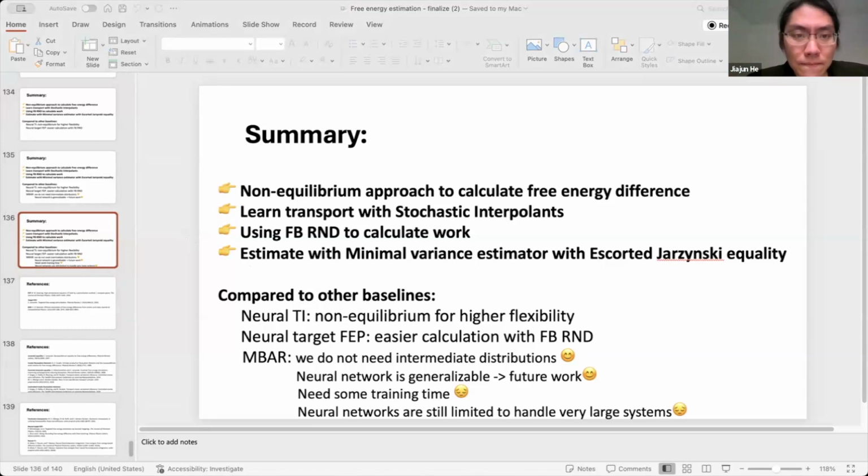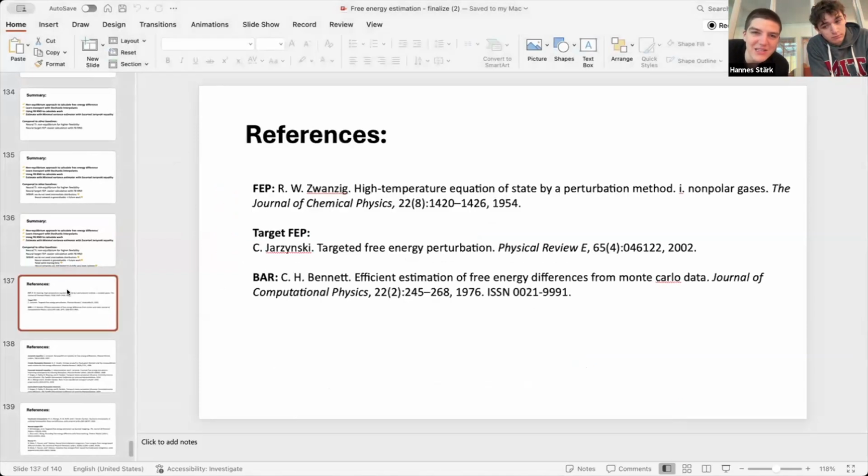One thing there is that we can parallelize and simulate all of our intermediate distributions at the same time, while the neural network training is only as fast as the neural network training is.